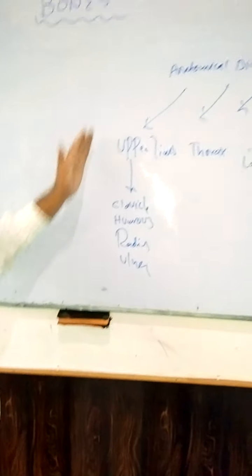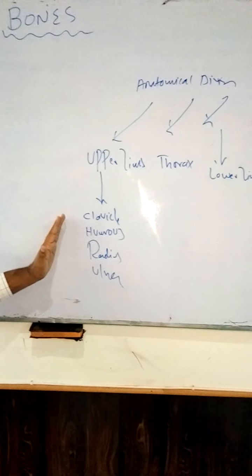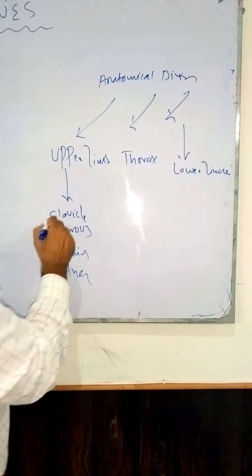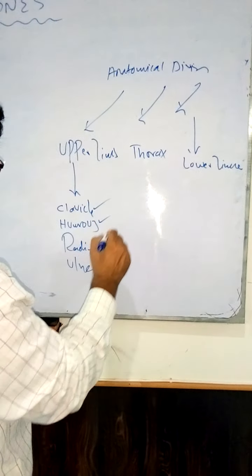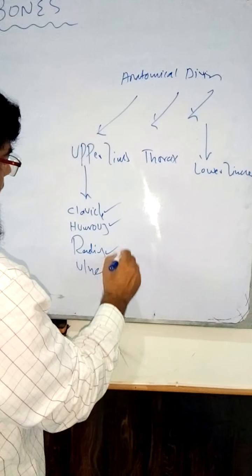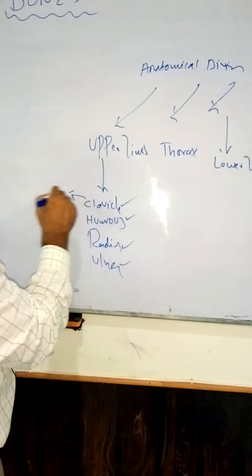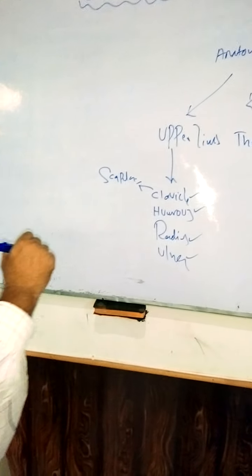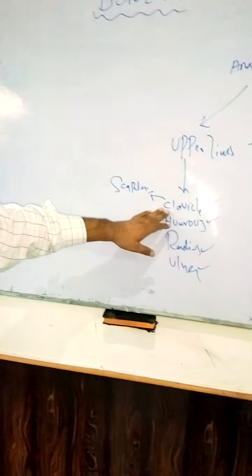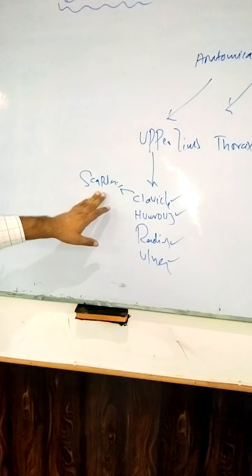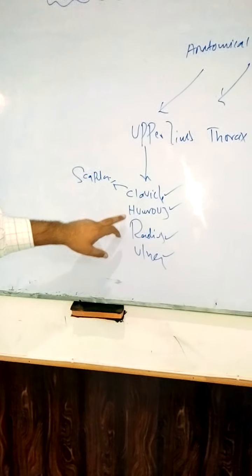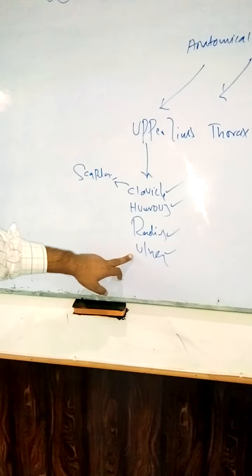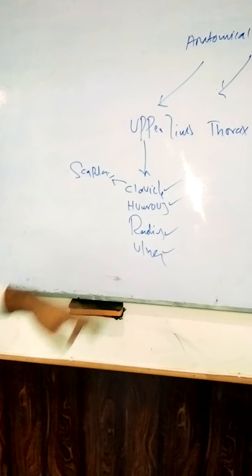So there are five bones here. We will discuss these: first the clavicle, then the scapula, then the humerus, then the radius, and lastly the ulna.